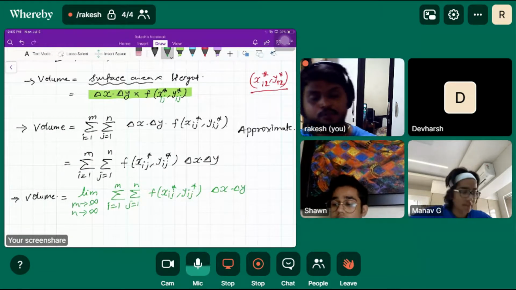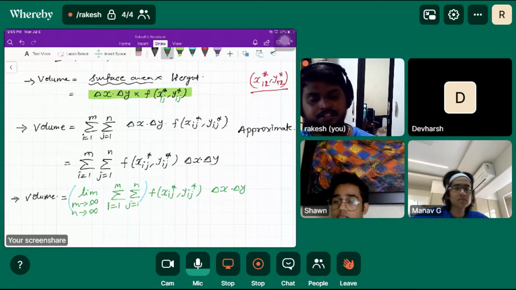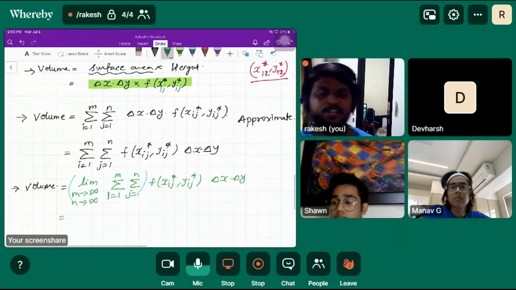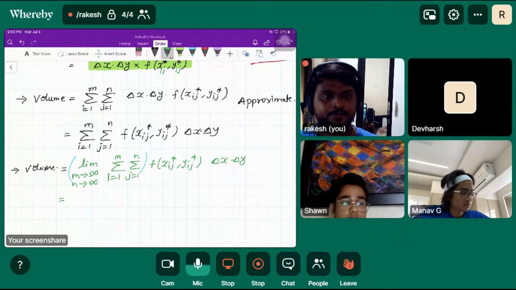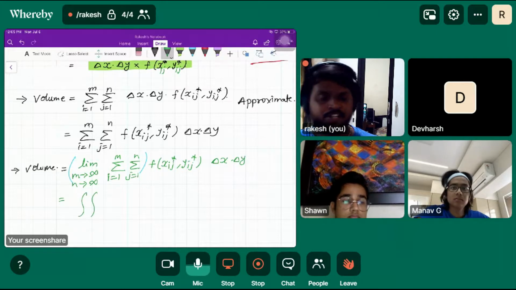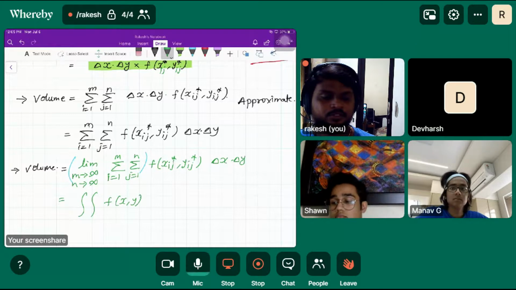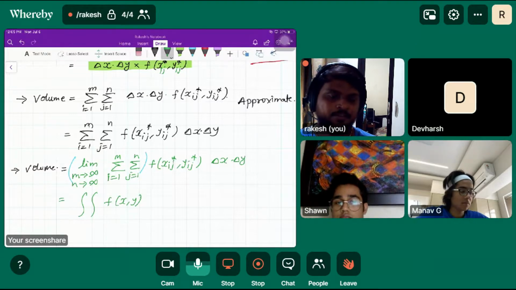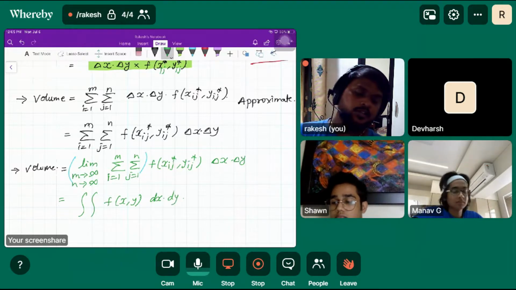Okay. Now what is this? Limit of sum. That is basically the integration. How many limits? How many sums? There are two limits, two sums. So we'll put double integration here over this function f of x comma y, and this delta x delta y becomes infinitesimal dx and dy, right?